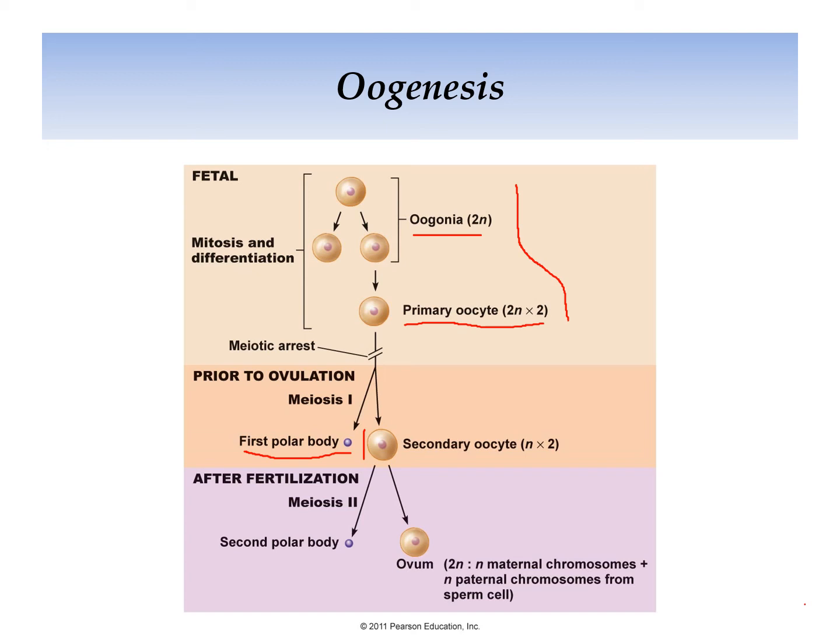And this secondary oocyte will only undergo meiosis 2 if there has been fertilization. During fertilization, another polar body is created, and you then have an ovum that later becomes a zygote once it has fused. So this is the distinction between oogenesis and spermatogenesis. The completion of meiosis 1 and meiosis 2 is dependent on the ovulation and fertilization process.